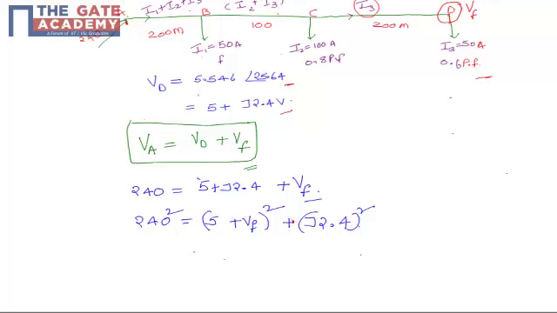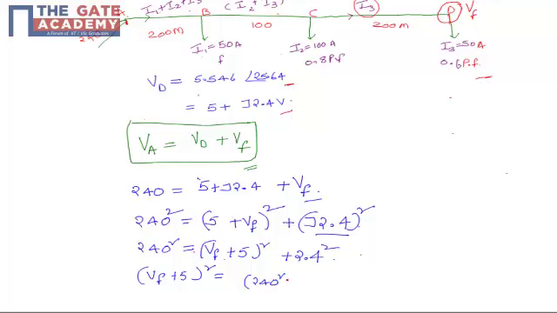Taking the modulus, it becomes plus 2.4 square. So 240 square is equal to the voltage at the far end plus 5 whole square, plus 2.4 square. So VF plus 5 is equal to the square root of 240 square minus 2.4 square.